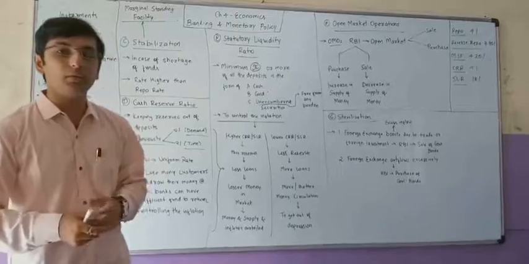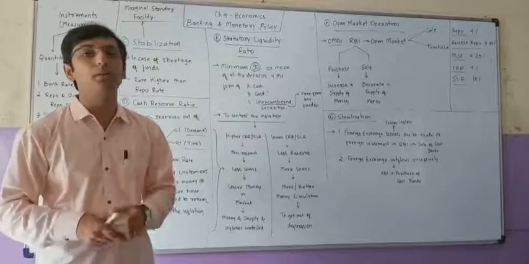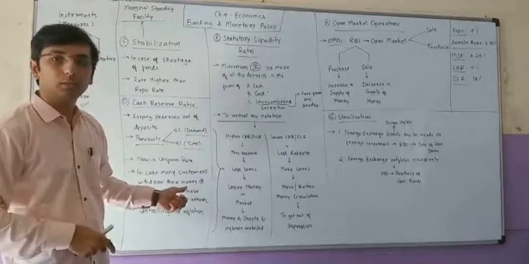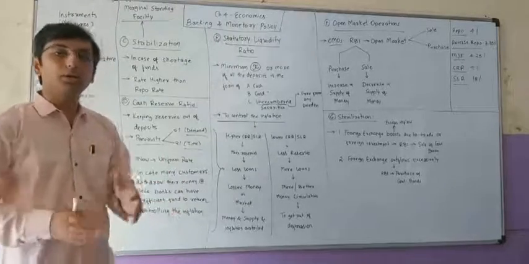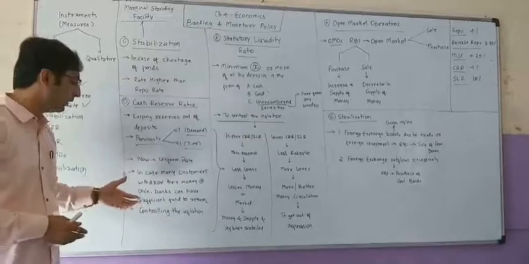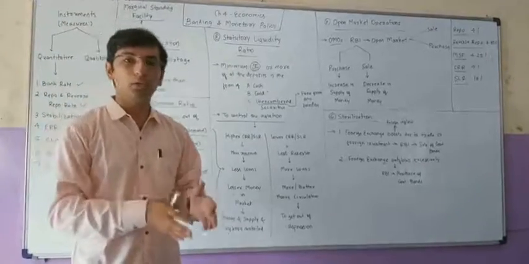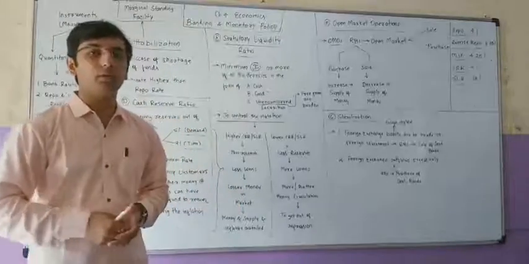So if any customer comes to the bank and requests to withdraw the money that he is holding in the bank, the bank can return that money out of that cash reserve ratio. So this is basically kept as a reserve to keep sufficient funds to return the money which is requested for withdrawal.